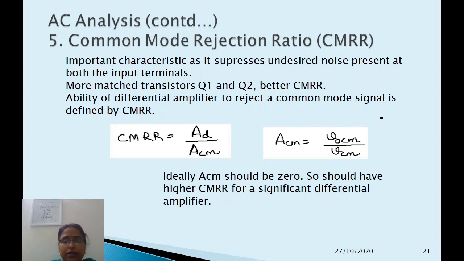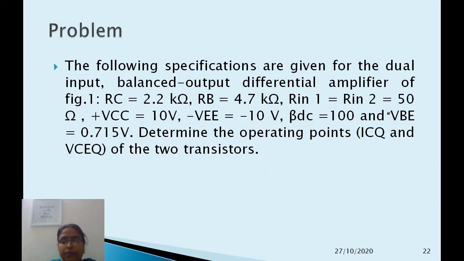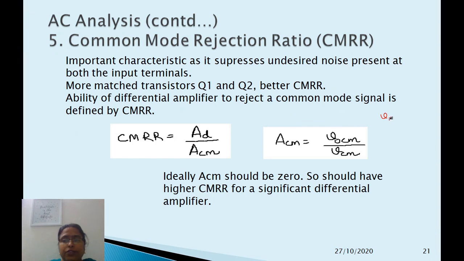We also know that the differential amplifier takes the difference of the two signals. So when these two are the same, then automatically the input voltage will be equal to 0, so automatically it will be rejected.